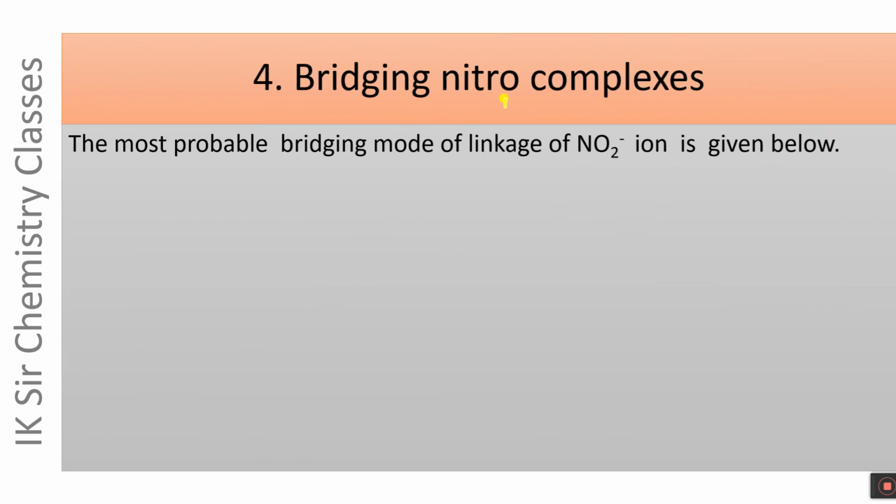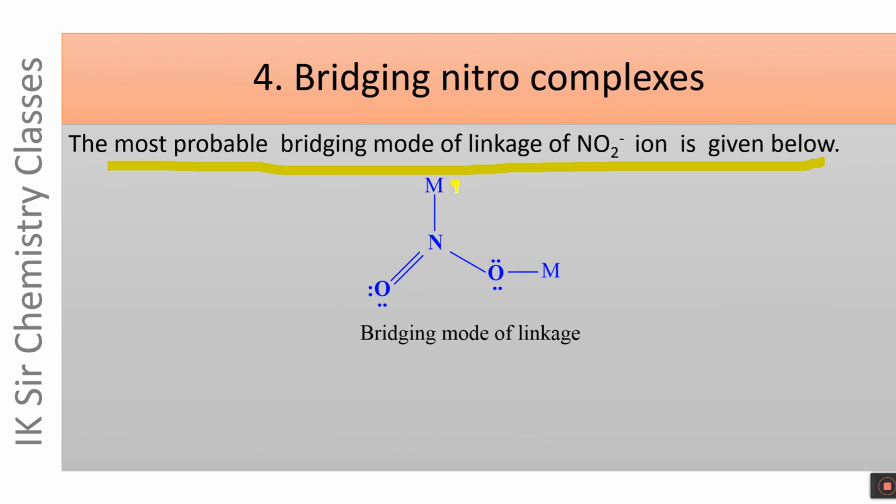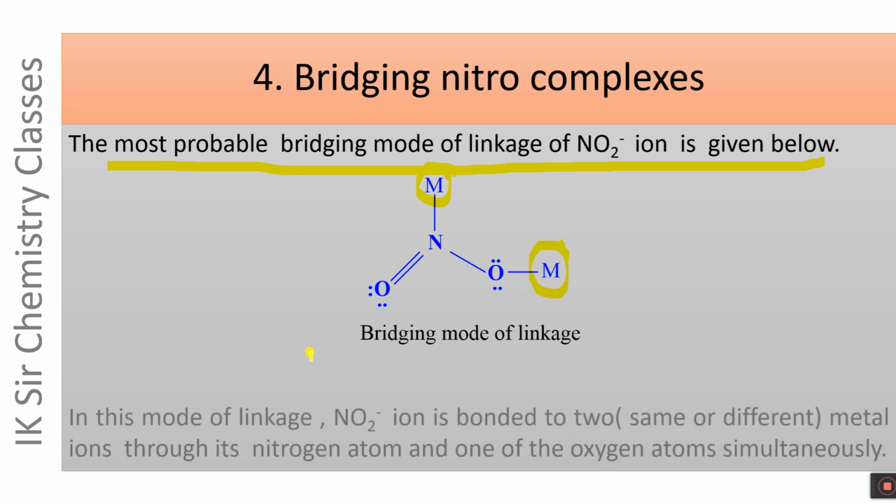Bridging nitro complexes. The most probable bridging mode of linkage of NO2 minus ion is given below. NO2 minus ion is coordinated to this metal atom through nitrogen atom and to this metal atom through oxygen atom simultaneously.